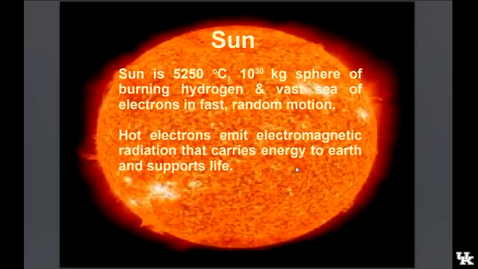And you can think of the sun as a giant hot sea of fast-moving, randomly moving charged electrons. Now, we know from our work on electromagnetism that randomly moving charges that are accelerating around will emit electromagnetic radiation. And that's the source of the radiation from the sun.